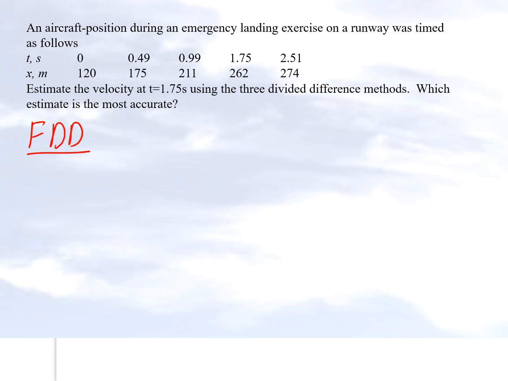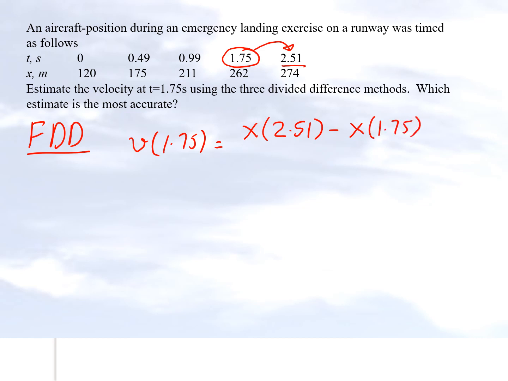If we want to find the value of the velocity at 1.75, that implies we need a data point available ahead of it, which is true because we have a data point available at 2.51. In that case, the velocity at 1.75 will be equal to the location at 2.51 minus the location at 1.75, divided by the difference of these two times, which is 2.51 minus 1.75.